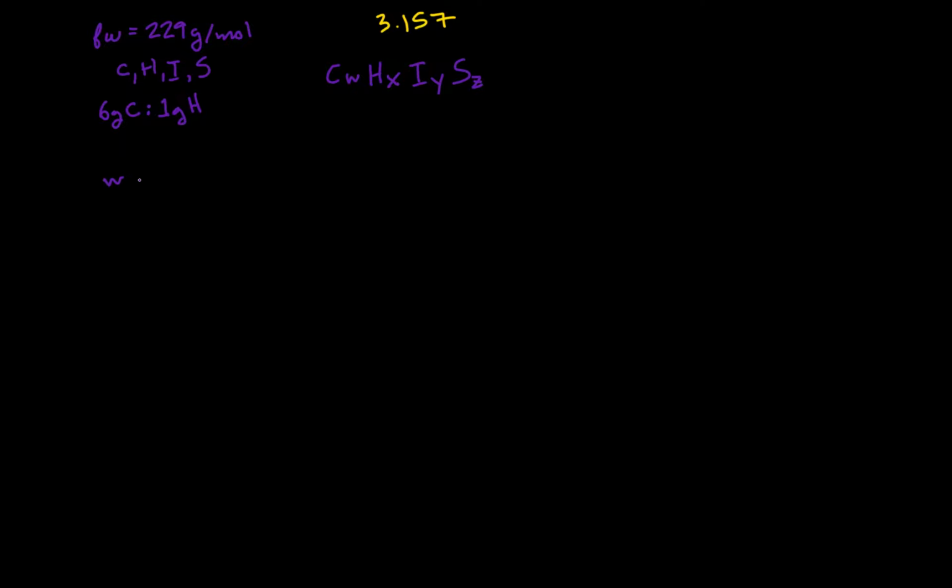So W times, and I'm going to write out what these numbers are, 12.01 grams per mole. That's the formula weight for carbon. X times the formula weight of hydrogen, that's 1.008 grams per mole. All right, Y times, what is iodine? 126.90.